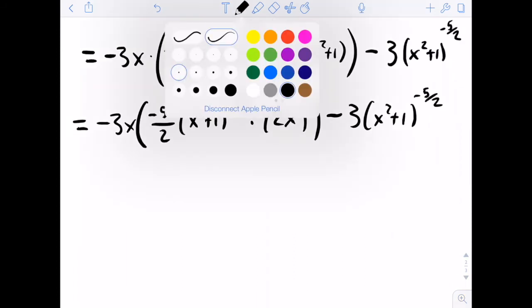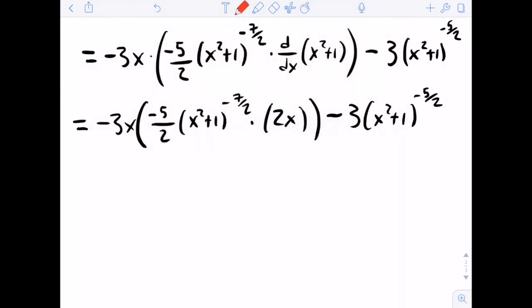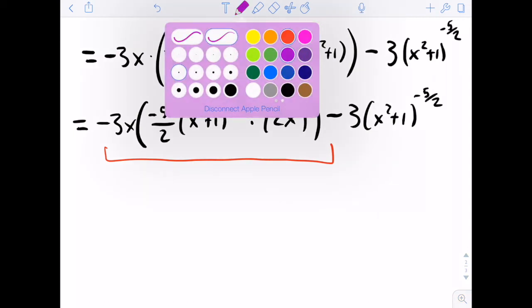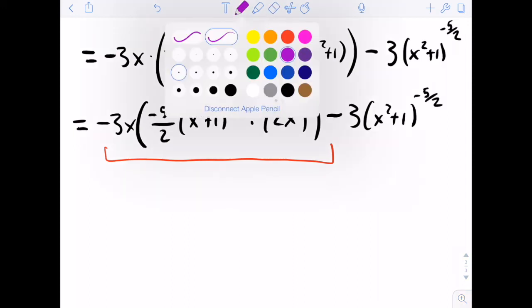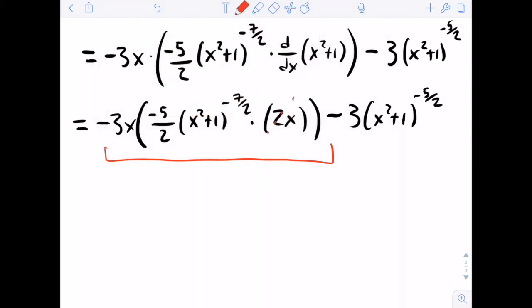I'm not going to bring everything over again, but I want you to notice that everything from here to here is being multiplied. The thing to notice is that you've got a 2 in the denominator here and a 2 in the numerator here. So these just cancel out.